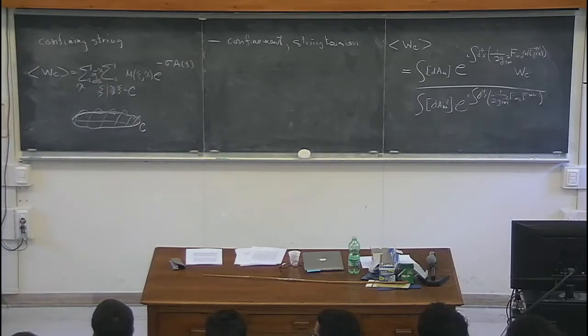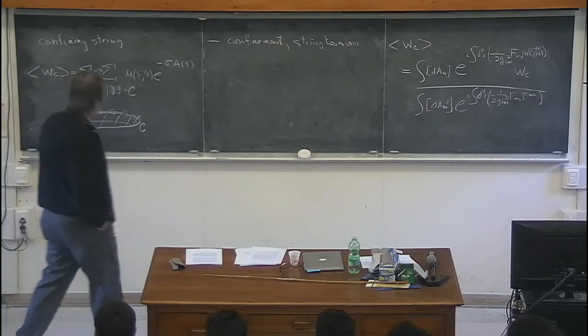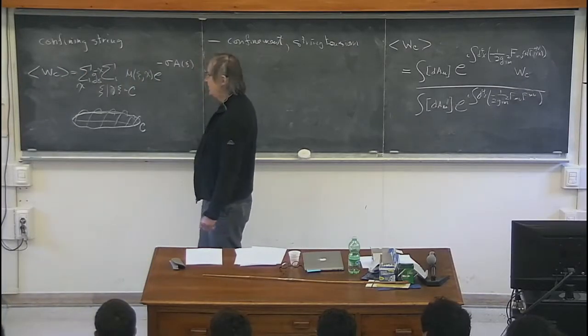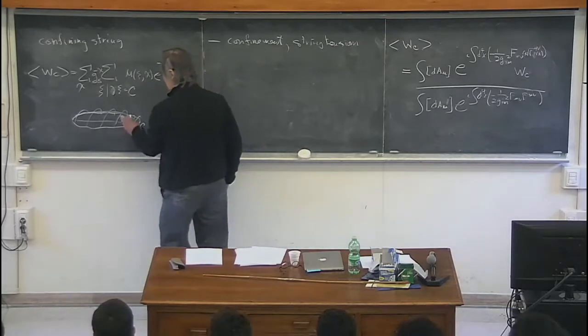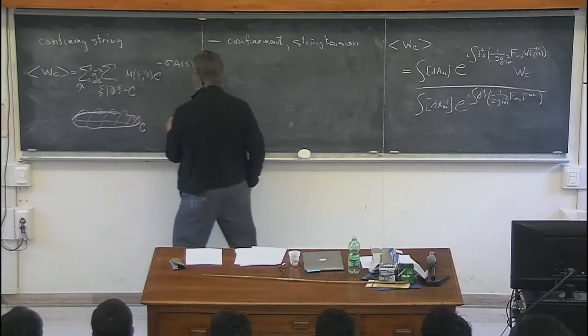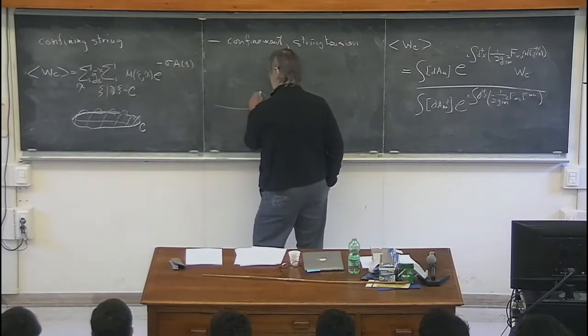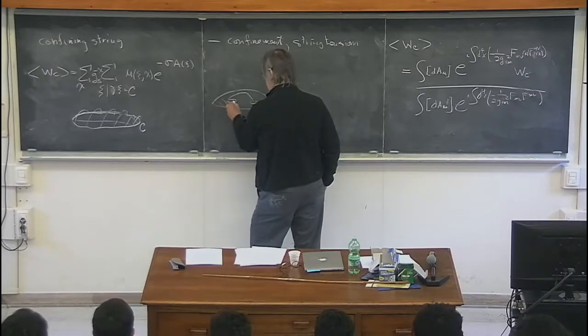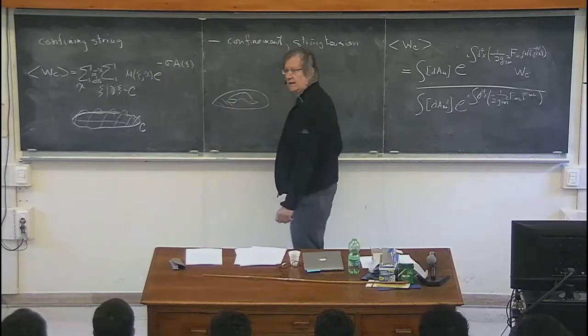Yes? Would increasing the genus of the surface change the value? No, it doesn't. Because you could have a surface, let's say it's a disk, and it can have a handle on it like that, right?